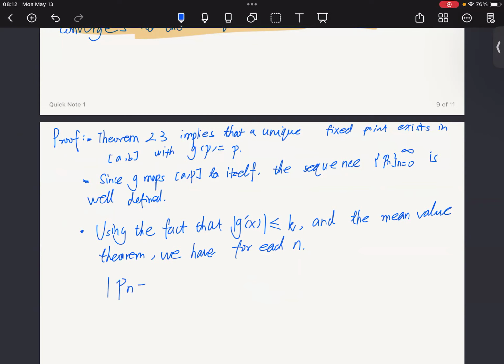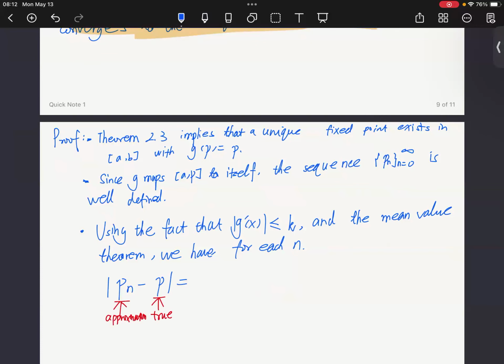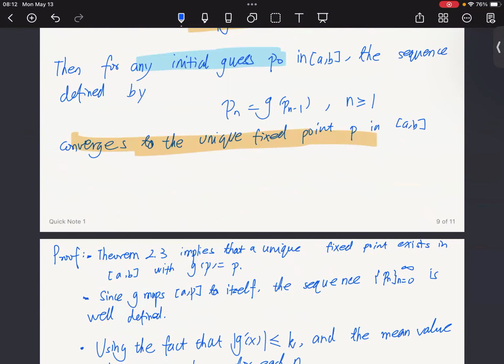So we are going to calculate the error between Pn and the true solution. This is the true solution and this is the approximation, and we are going to calculate the difference between them.